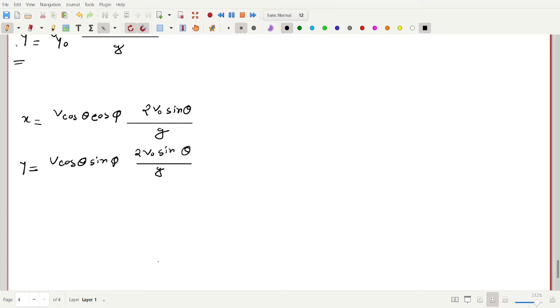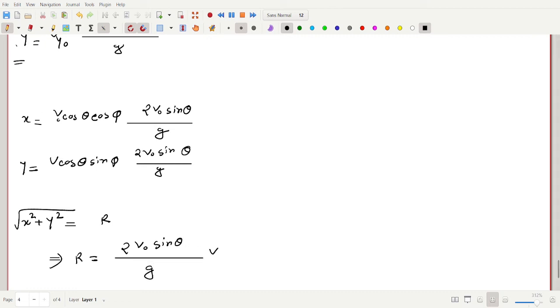Now if you do x square plus y square, the root of that is r, so we will get r equals 2 v naught sin theta by g times v naught cos theta, times the root of cos square phi plus sin square phi.